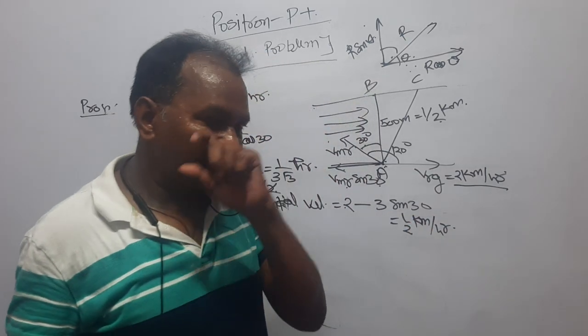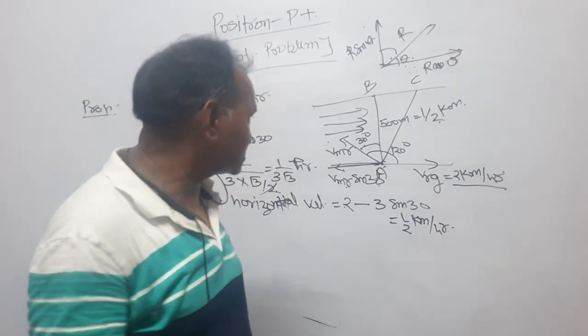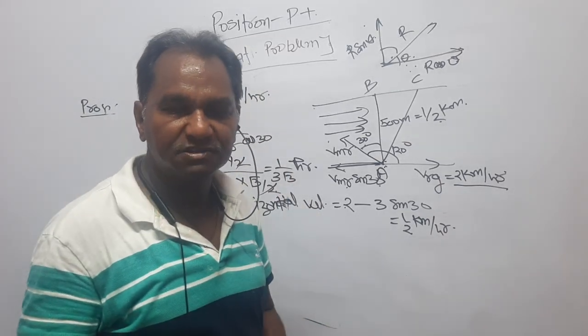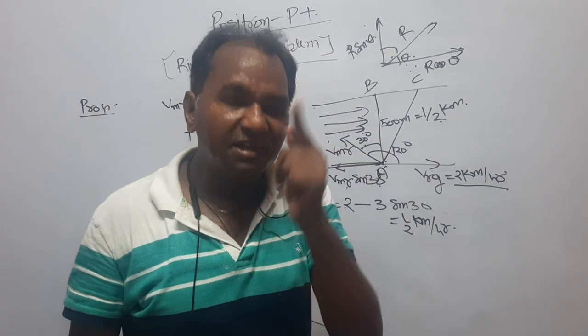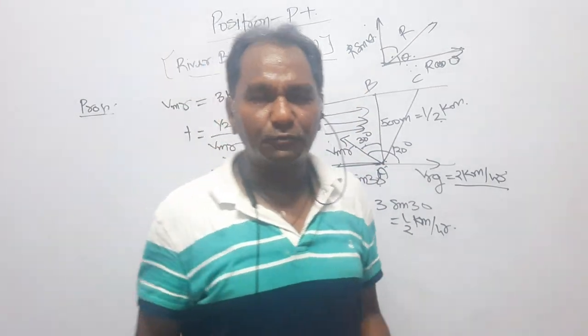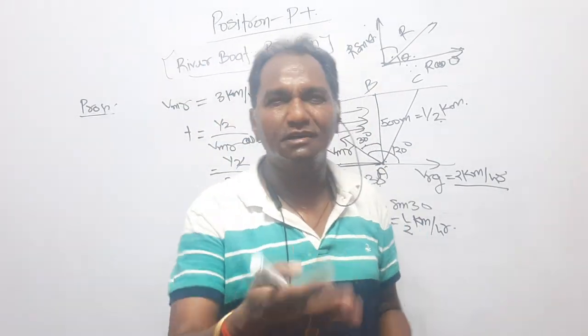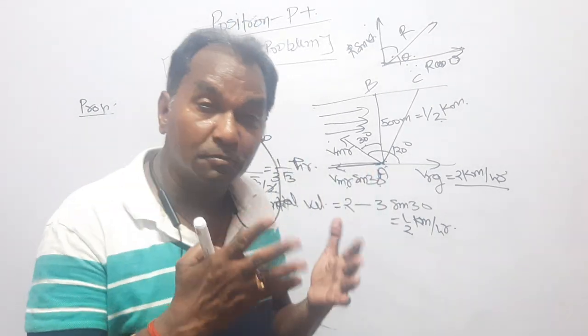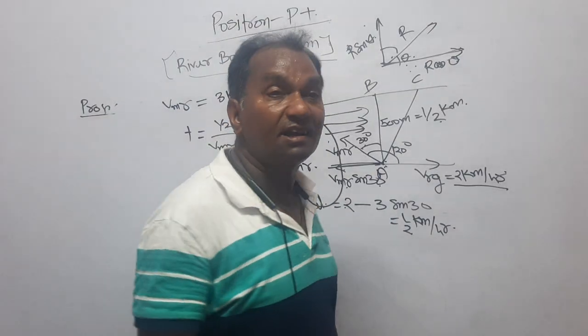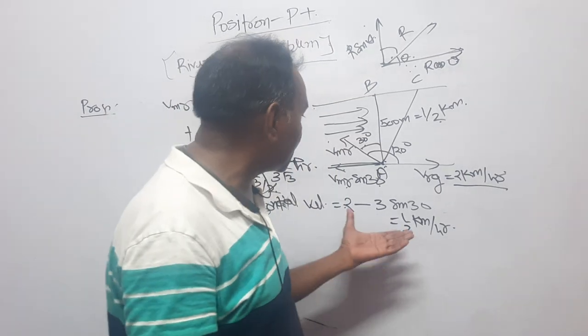Now, what I said just a moment before: if you want to cross the river, you need the vertical component. If you want to find out the horizontal drift during crossing the river, meaning how much horizontally the swimmer was drifted, you need the net horizontal component of velocity, and that is this.